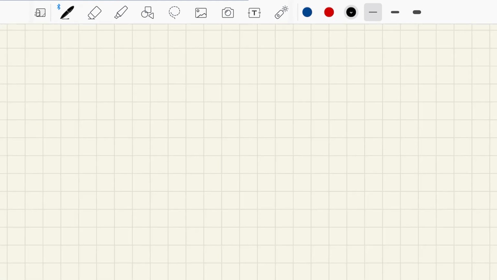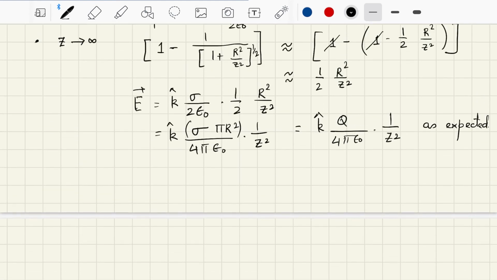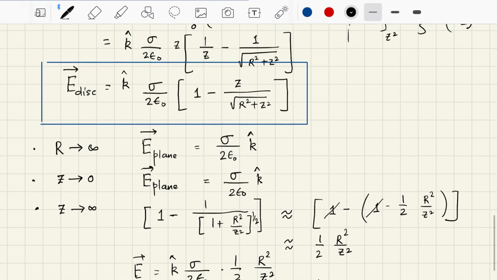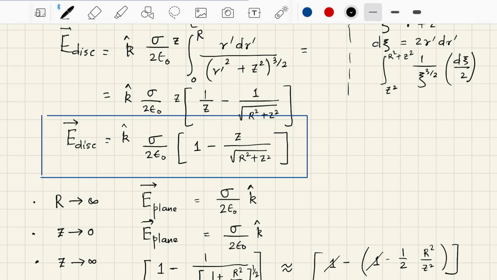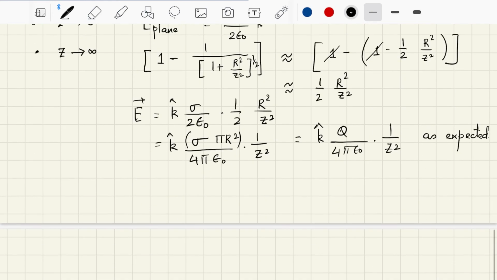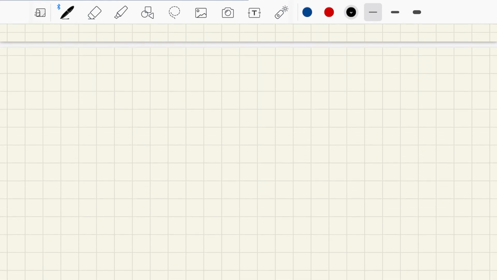I can now extend this disk result, okay, that we have obtained here, one can now extend it to, let's say, a cylinder.